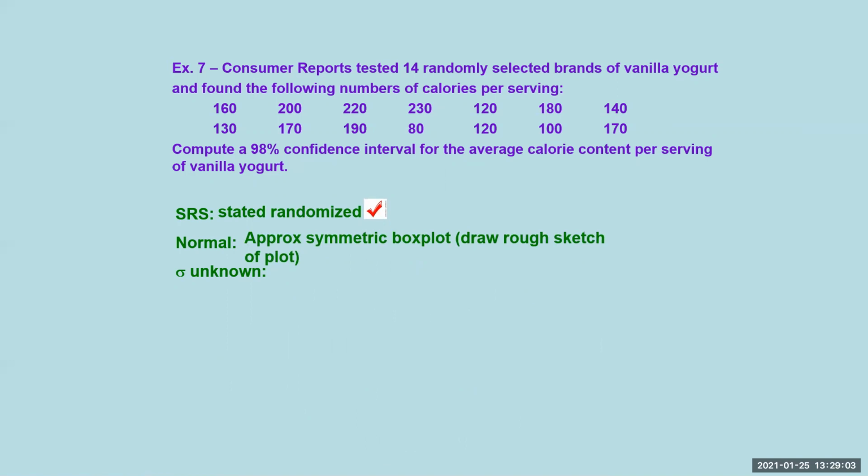So on your calculator, input the data values, make sure to label the column, put menu, quick graph and change to box plot. You should see that the box plot should be approximately symmetrical, about even whiskers. Is sigma unknown? Well, yes, because all we have are data points, and the calculator can actually calculate that standard deviation of the sample for us.